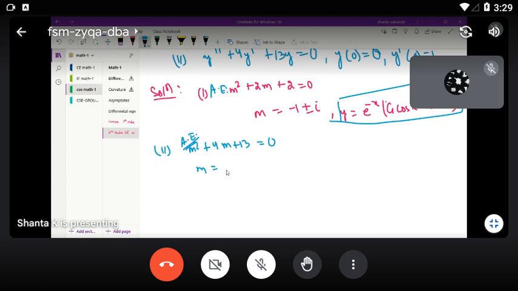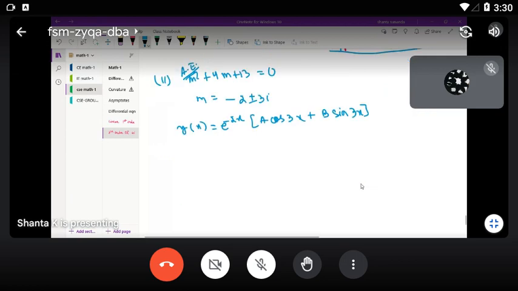M value: minus 2 plus minus 3i. Okay. So now the general solution is e power minus 2x, a cos 3x plus b sin 3x.